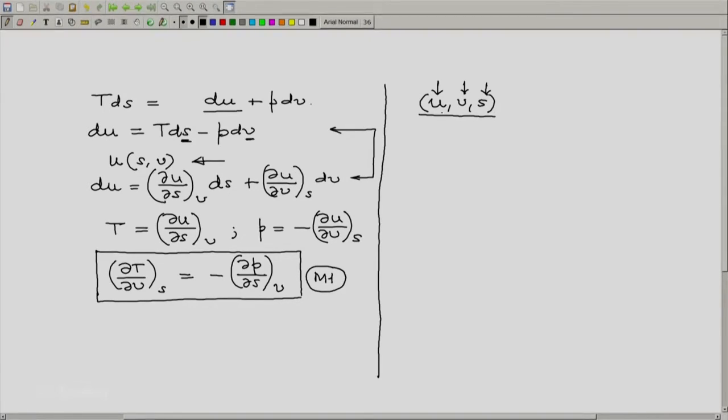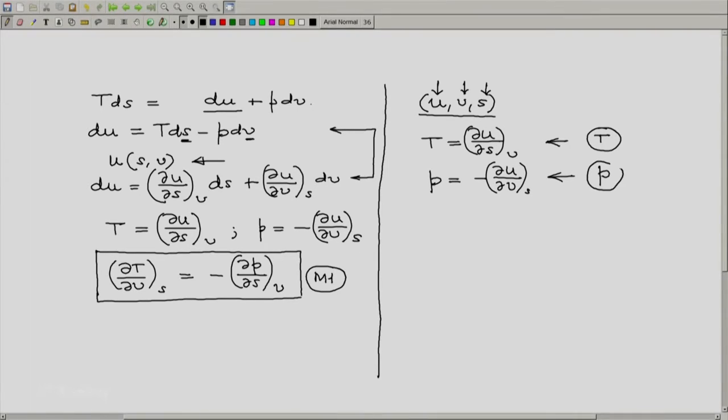Then naturally you can consider u to be a function of S and V, and in that case T equals partial of u with respect to S at constant V is the defining relation for temperature in terms of u, S and V. And the second relation, P equals minus partial of u with respect to V at constant S, becomes the defining relationship for pressure.